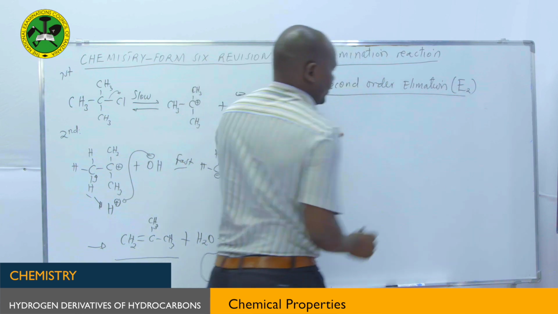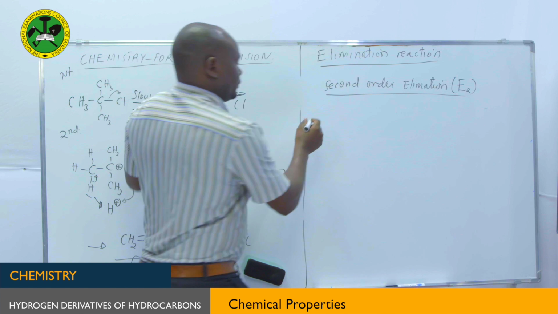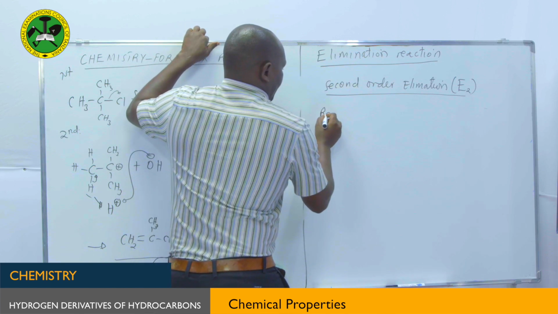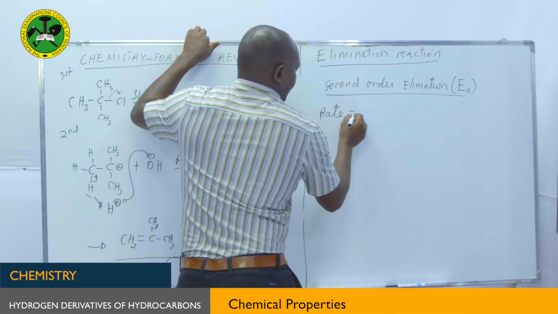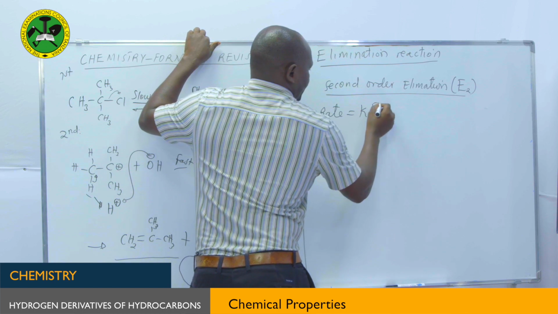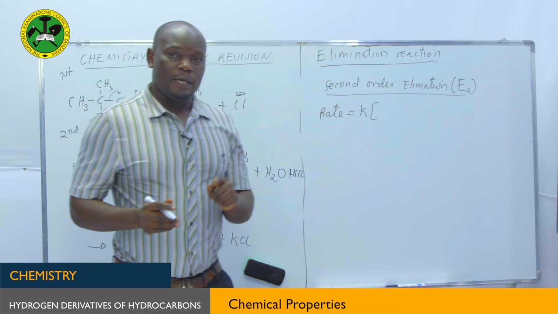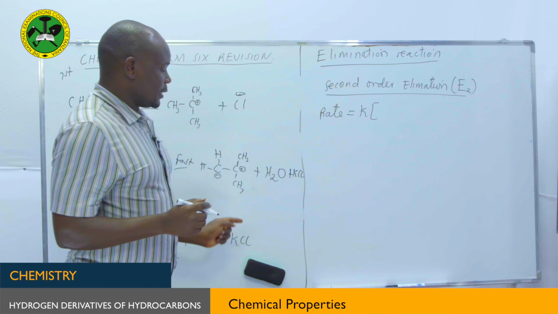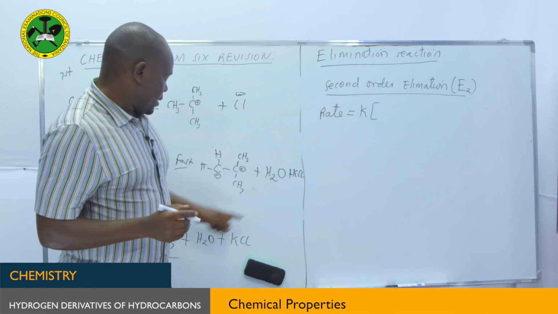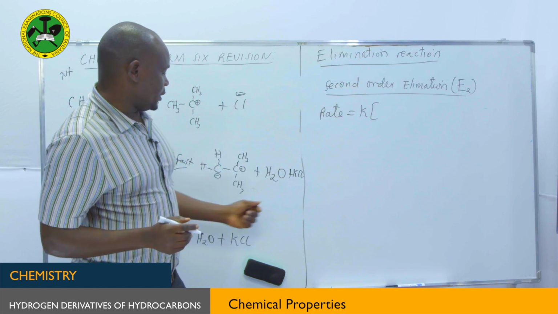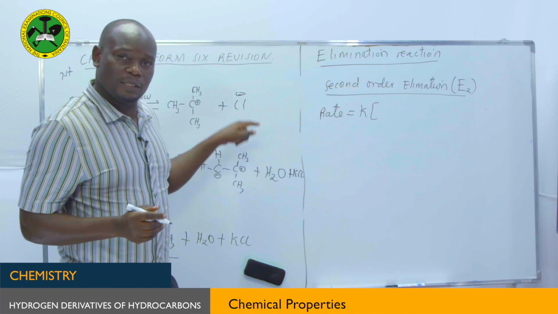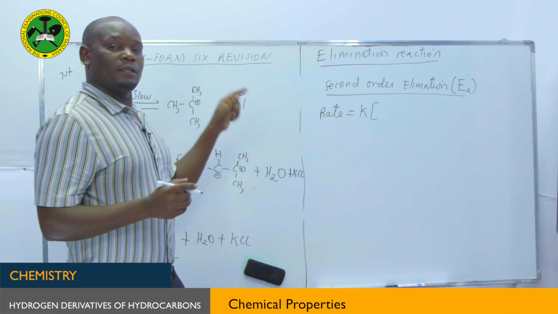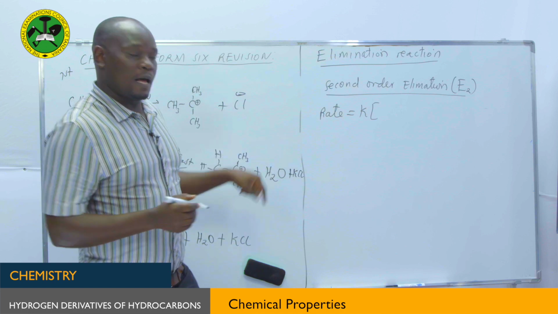Second order elimination reaction: the rate of reaction depends on the concentration of 2 reactants. And these reactants are the base, which is the hydroxide ions that are being released by potassium hydroxide, and the alkyl halide.